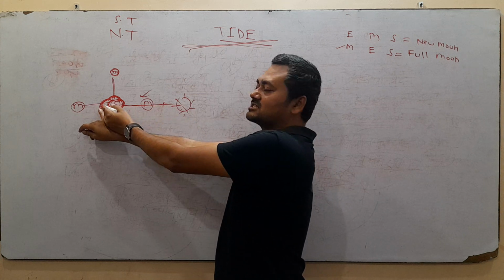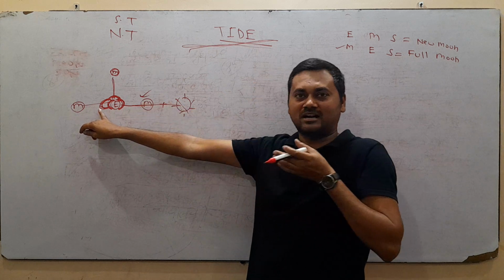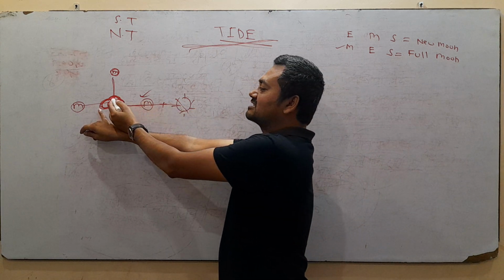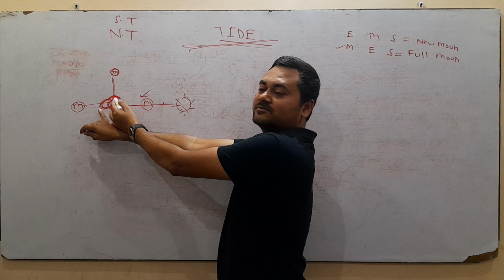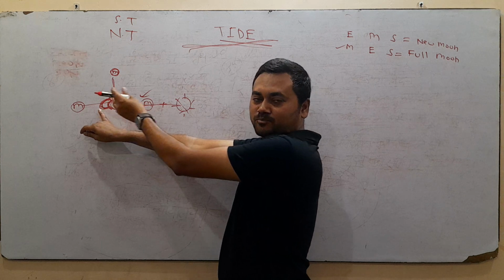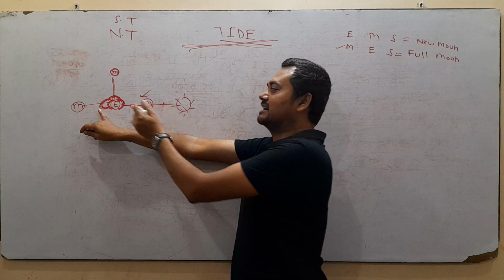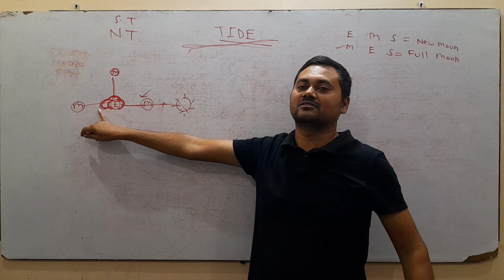Because the bulging is just opposite of the sun, that's why sun will try to attract, but attracting the water from here is more easy for the sun as compared to attracting the water or pulling the water in its size as compared to this position.